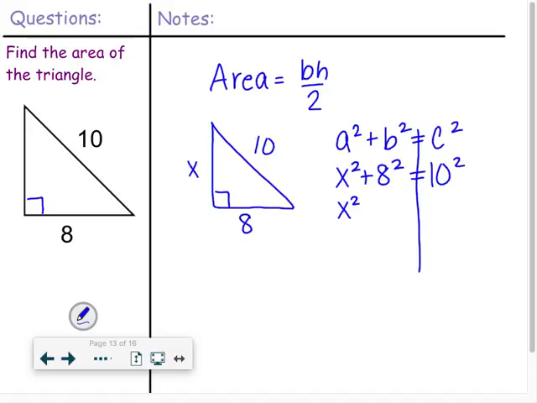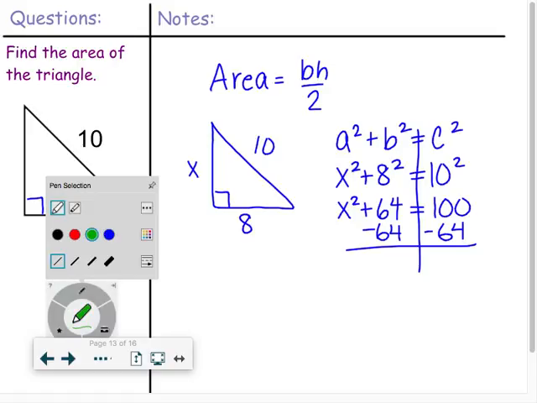So my equation, x squared plus 8 squared, which is 64, equals 10 squared, which is 100, and I can solve it by subtracting 64. So x squared equals 36, and then I need to take the square root to get x by itself, so x equals 6.